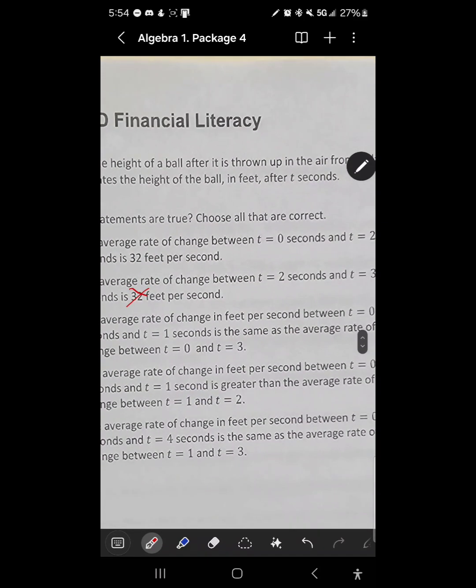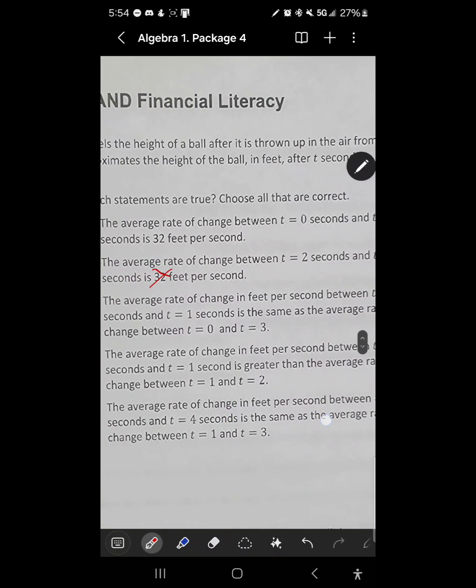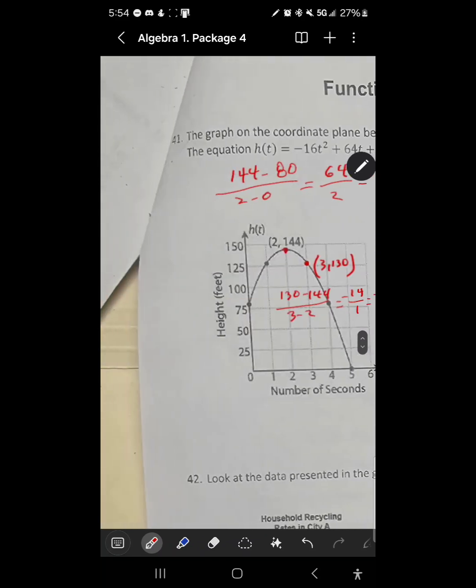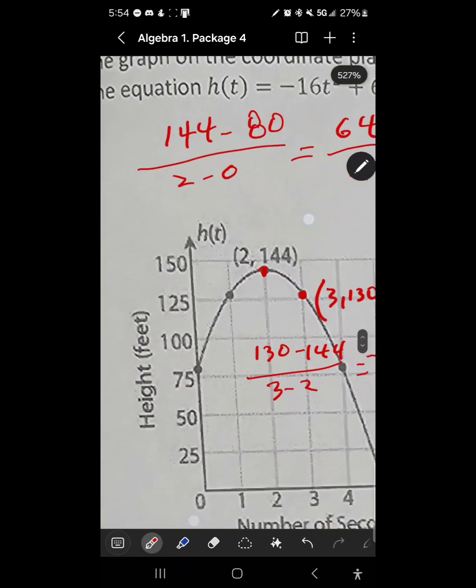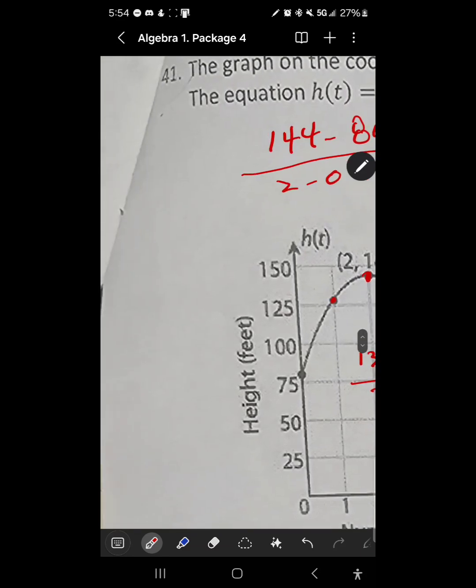Now, the average rate of change in feet per second between 0 and 1 seconds is the same as the average rate of change between 0 and 3. So let's see. From 0 and 1, we have 1, 130. So, 130 minus 80 over 1 minus 0.